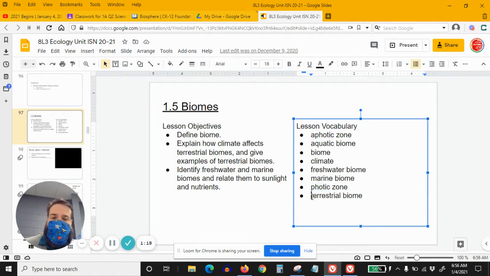Okay? Terrestrial means earth or land. Marine means ocean. Freshwater means non-salt water, so lake, stream, pond. Climate, you should know. Biome, you should have an idea about. Aquatic means that it's water.